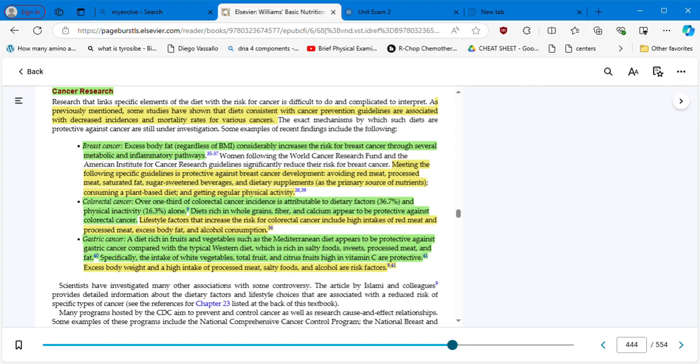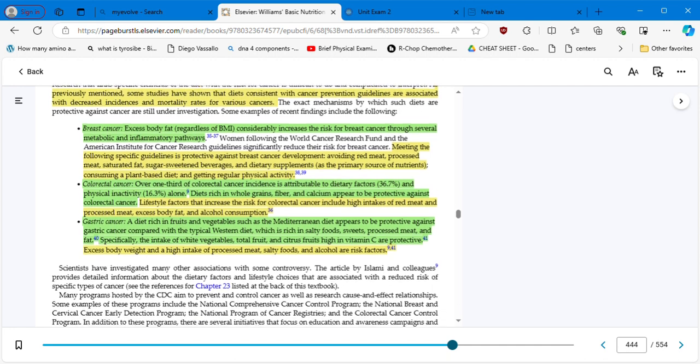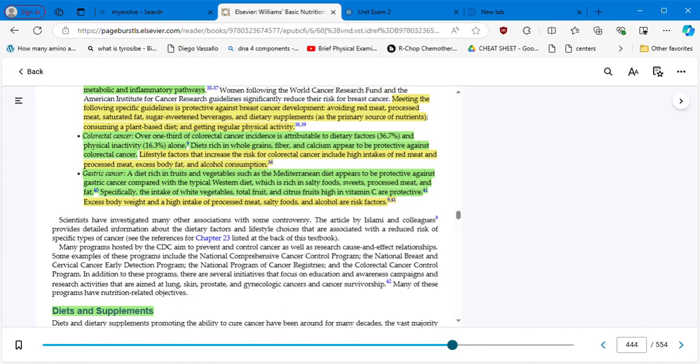For breast cancer, excess body fat considerably increases the risk through several metabolic and inflammatory pathways.